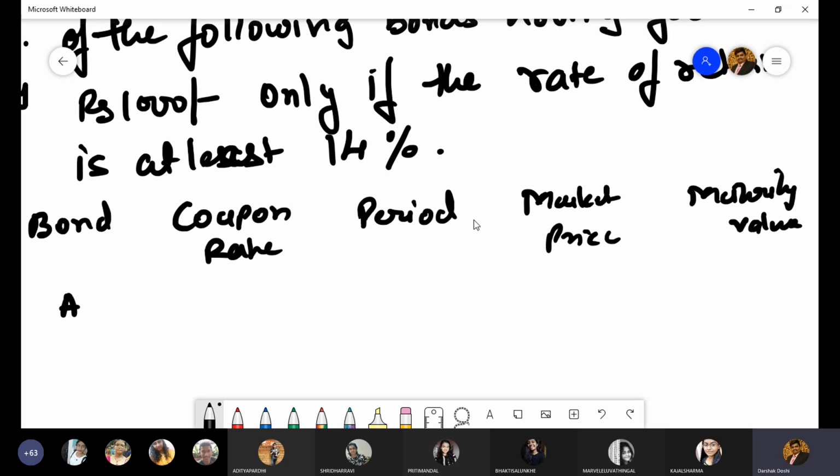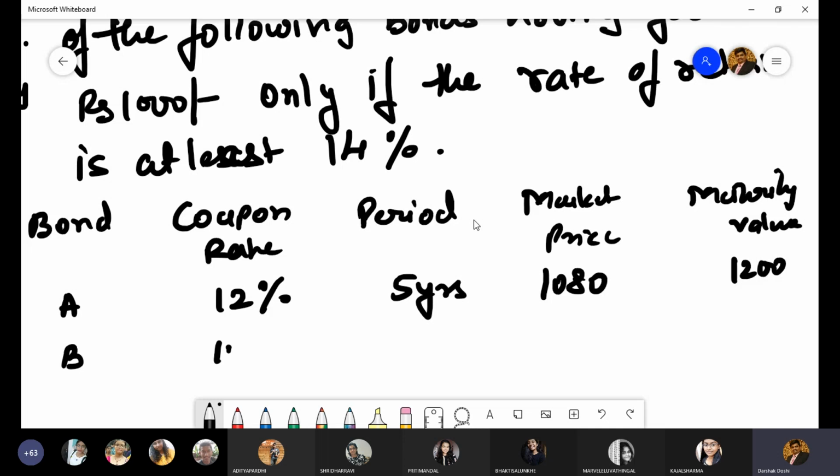Bond A, coupon rate 12%, maturity period 5 years, market price 1080, and maturity value 1200.